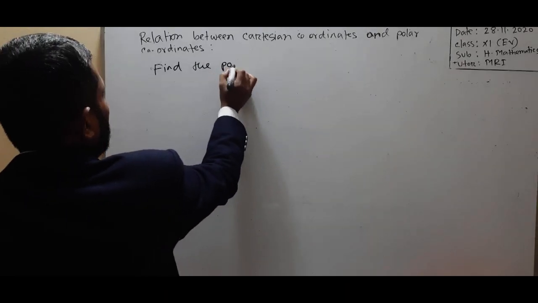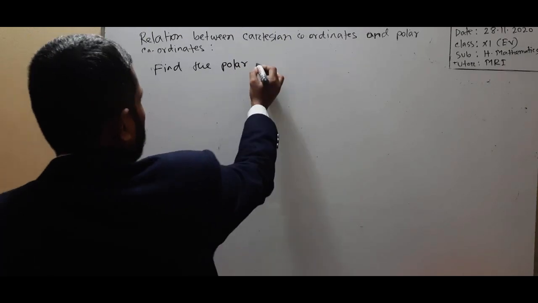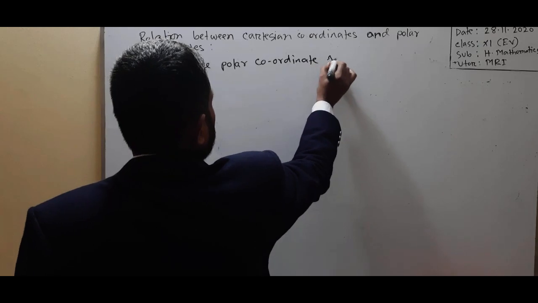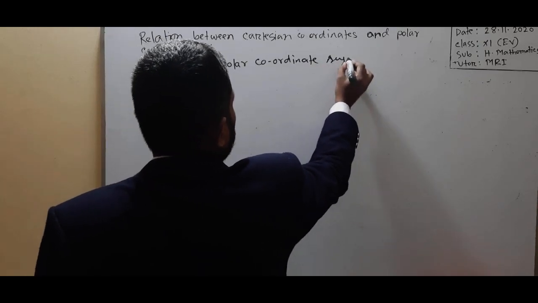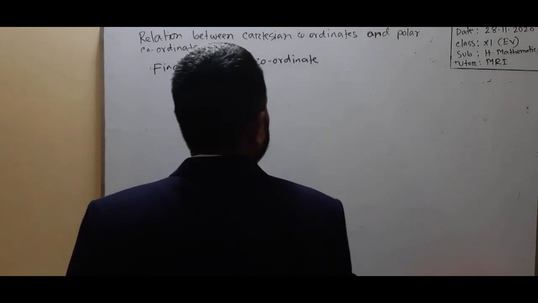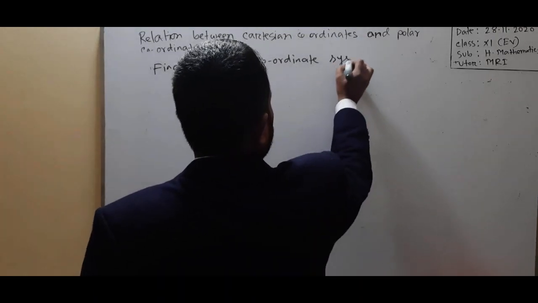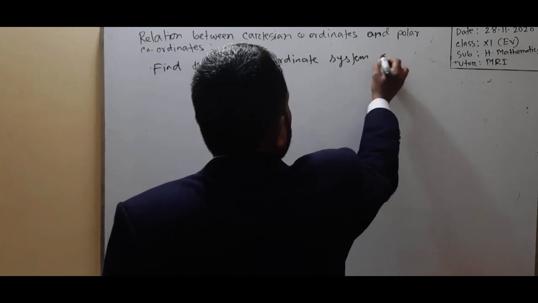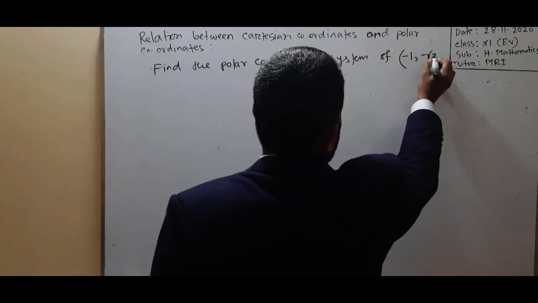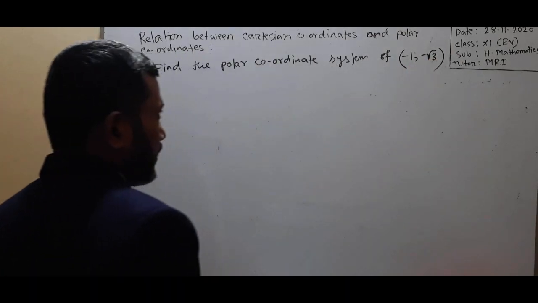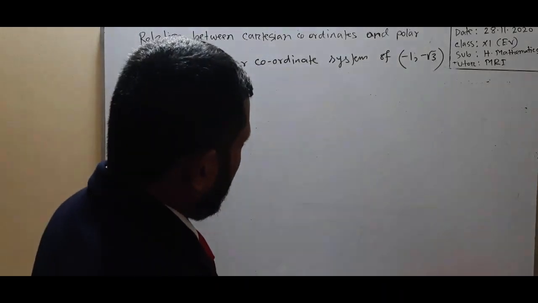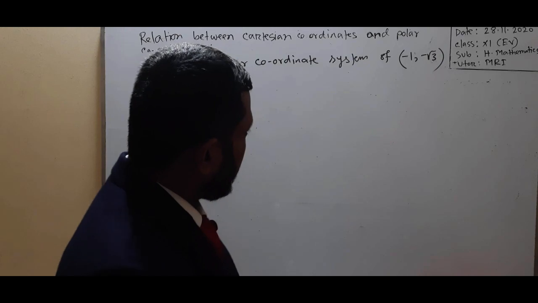Find the polar coordinates of the point minus 1 comma minus root 3. These are the Cartesian coordinates, and this point lies in the third quadrant.